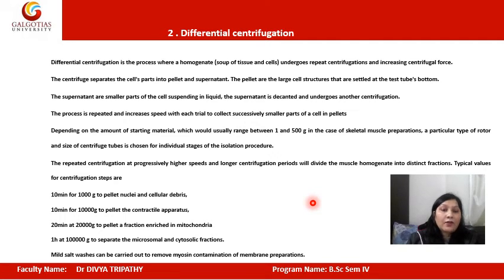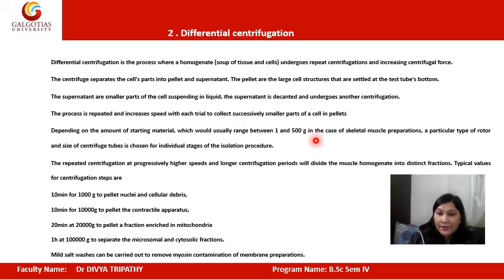Depending on the amount of starting material, which would usually range between 1 to 500 G, in the case of skeletal muscle preparation, a particular type of rotor and size of centrifuge tube is chosen for each individual stage of the isolation procedure.